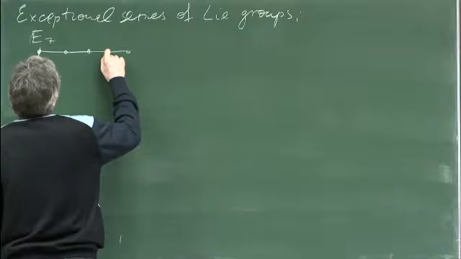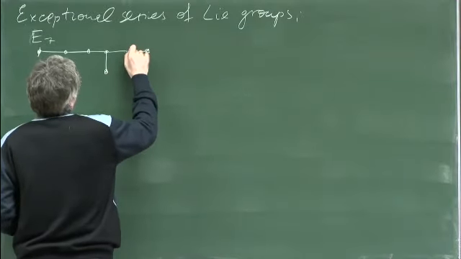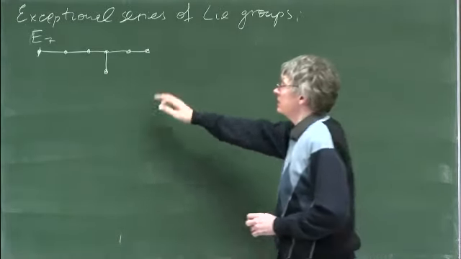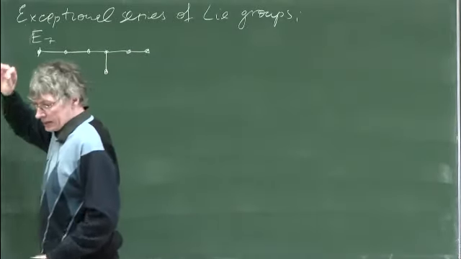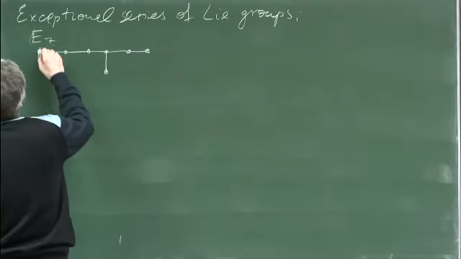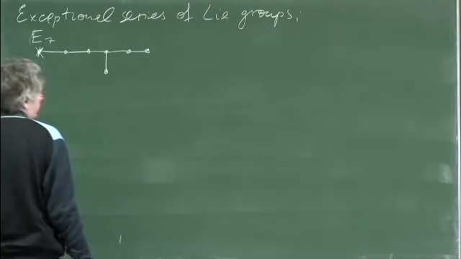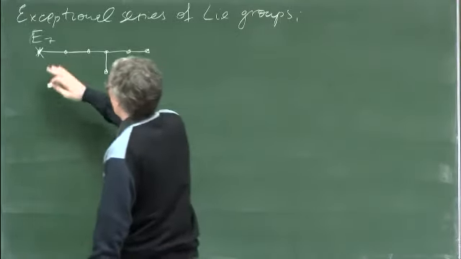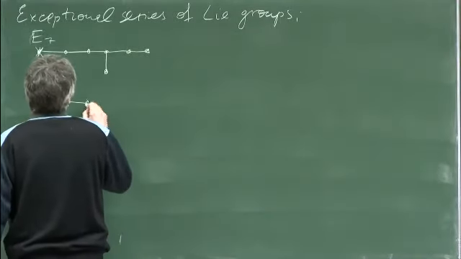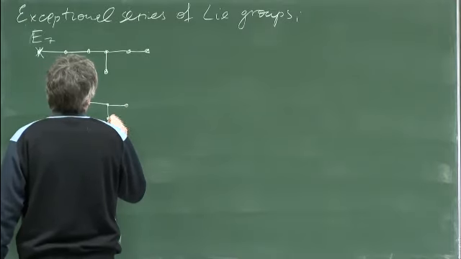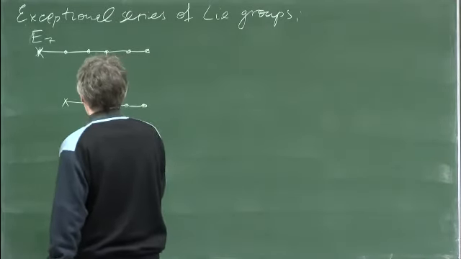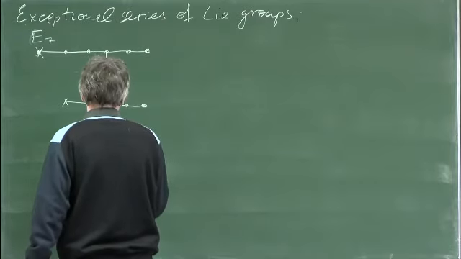So you start from E7, and I will explain why E7 a bit later. And this tower, so this is the highest floor of the tower, and the representation is the fundamental representation corresponding to this vertex. Then we remove it, and the next one is this one. And then we can remove this guy, and then we get this picture.